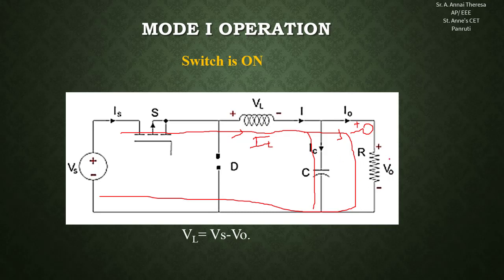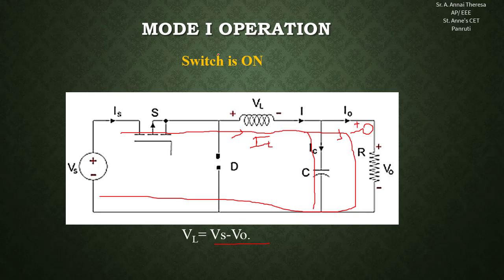There will be the output voltage V0. There will also be the voltage across this inductor. That inductor voltage will be Vs minus V0. That is, the supply voltage minus the output voltage is applied across this inductor. So VL is equal to Vs minus V0.